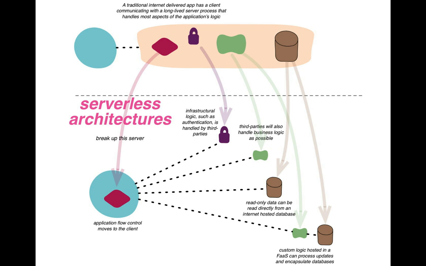But the key here is that there's some service in the background that's always running, always listening and waiting for requests. It's like an Nginx or Apache web server that you install on an EC2 instance. That service is just going to sit there 24 hours a day waiting for requests from customers.